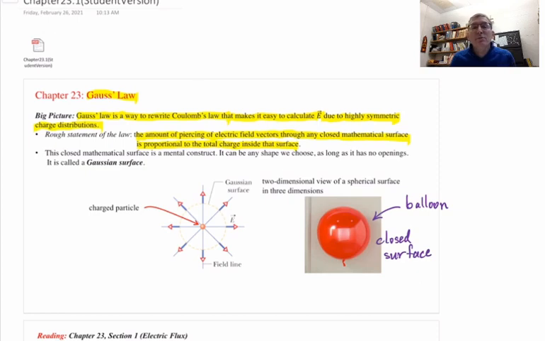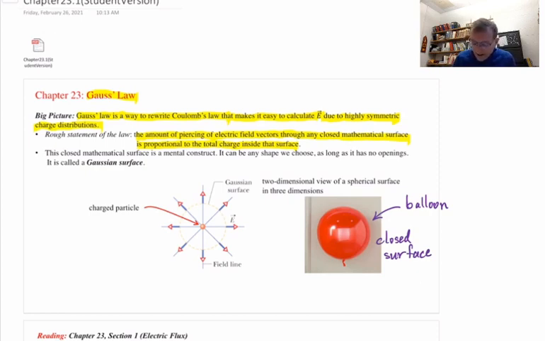Again, a blown up balloon, the surface of it would be an example of a closed surface. But sometimes the closed surface we're talking about might have a balloon type shape, like a sphere, but is a completely mental construct. We are imagining a spherical surface, okay, without there actually being one there. That's important to note, that it can be a purely mental construct.